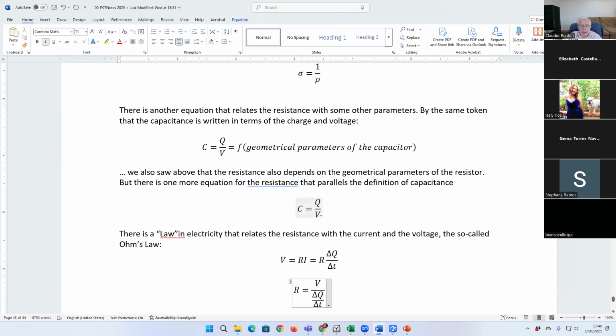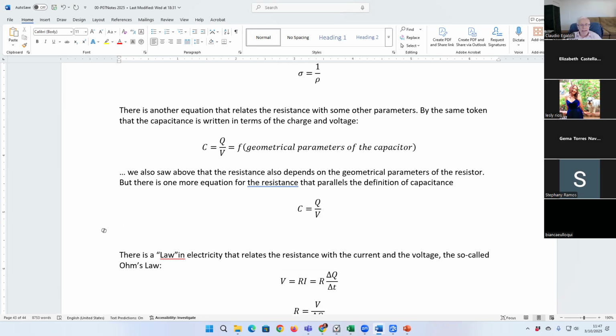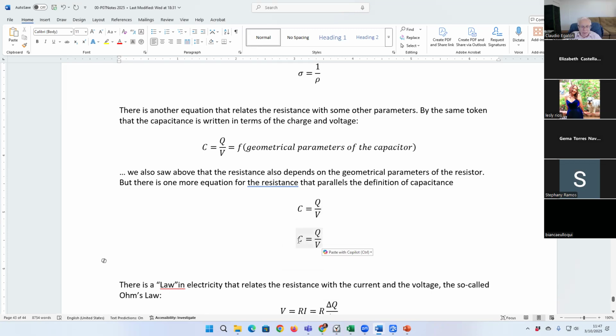See, we have V here, we have V here, right? We have Q here, we also have Q here. The only difference is that those terms appear inverted. That's why I like to define a parameter that I call incapacitance, okay? Incapacitance that I write as being the inverse of the capacitance.